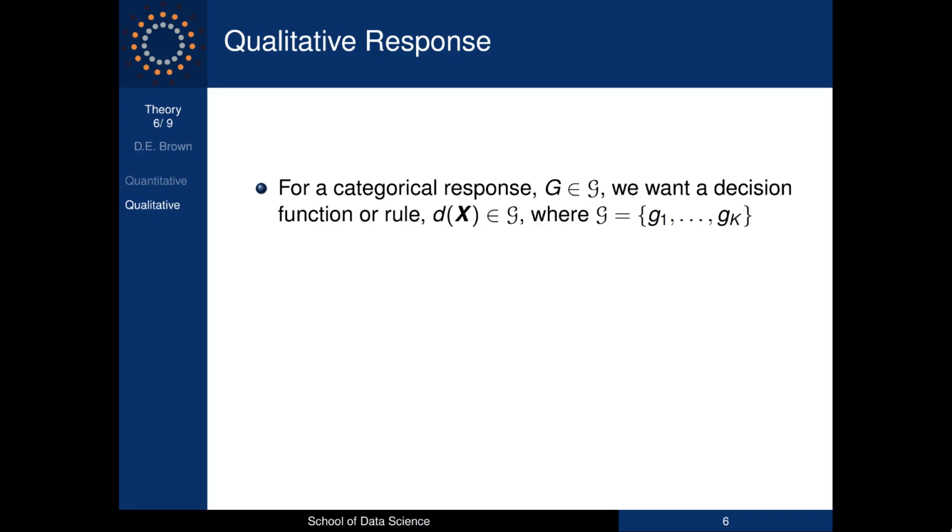So to make it clear to you, the capital G is the random variable. That's what we draw for that particular observation. When a student applies, that's the random variable associated with that student. The D of X, on the other hand, is our decision, what we actually decide to do for that particular student.